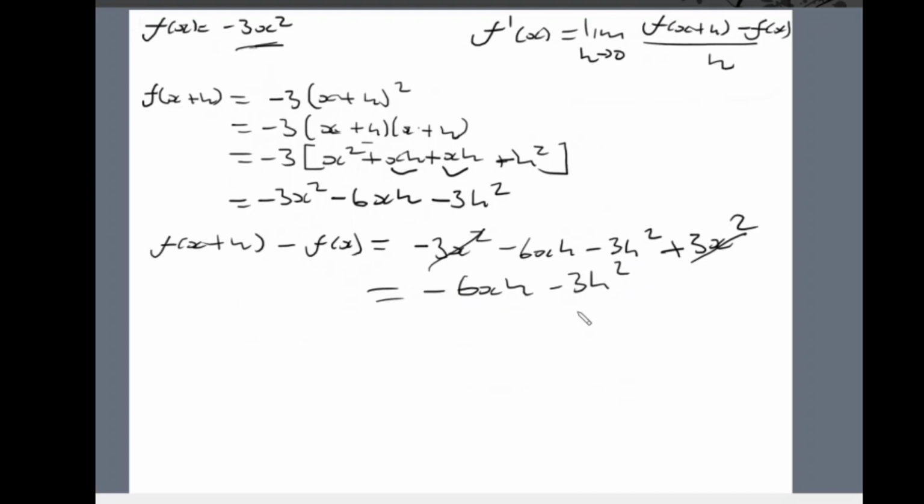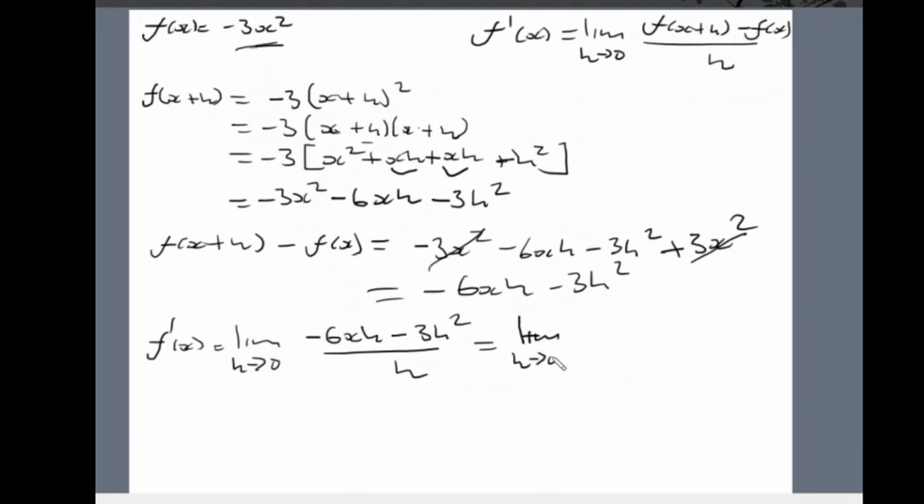And then now I can substitute this into my numerator. So I'll have f prime x is equal to the limit as h goes to 0 of minus 6xh minus 3h squared divided by h. So now I can factor h out from my numerator. I'll have the limit as h goes to 0 of h times minus 6x minus 3h, divided by h.